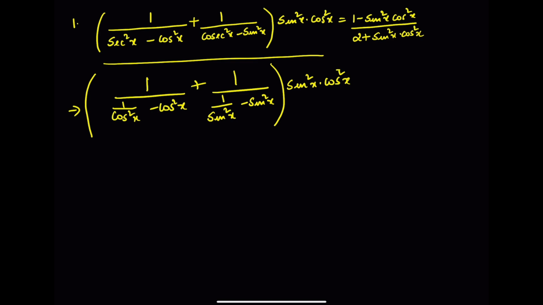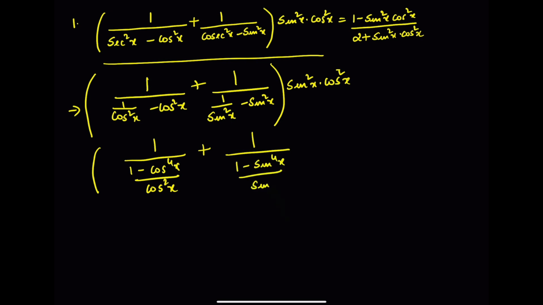So now let's solve for the common denominators. So we would get 1 divided by 1 minus cos to the power of 4x by cos square x plus 1 divided by 1 minus sin to the power of 4x by sin square x times sin square x cos square x.